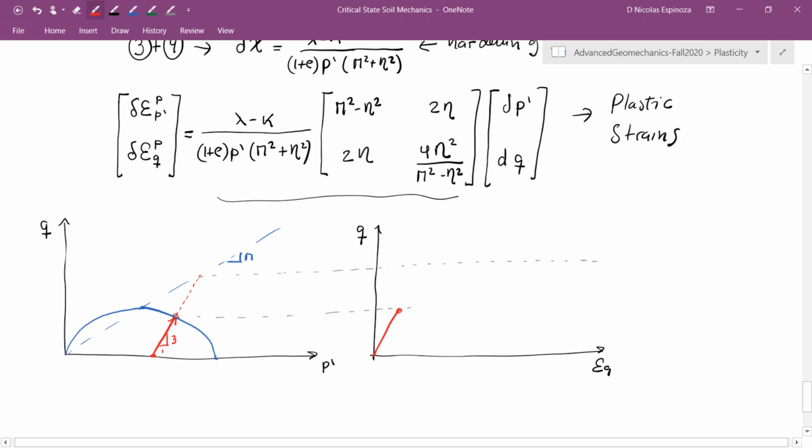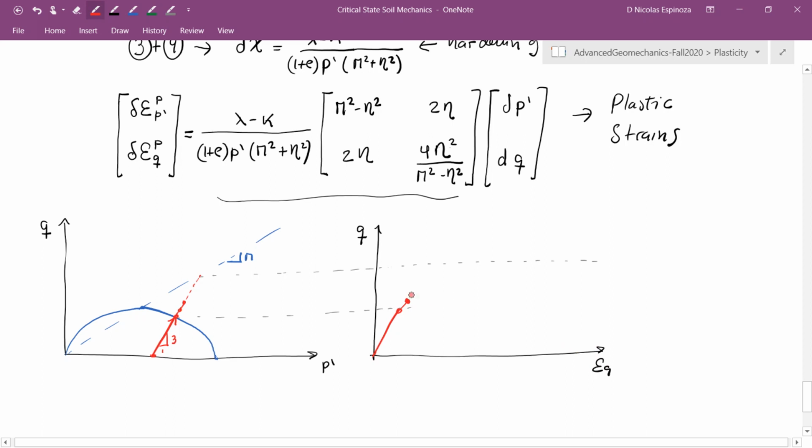Because if you just were to go from here to there, you wouldn't get the right answer. So what you have to do here is, after this point, take increments of stress small enough so that you calculate the new strain, including the plastic part.